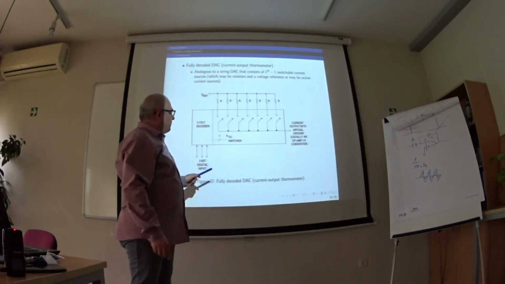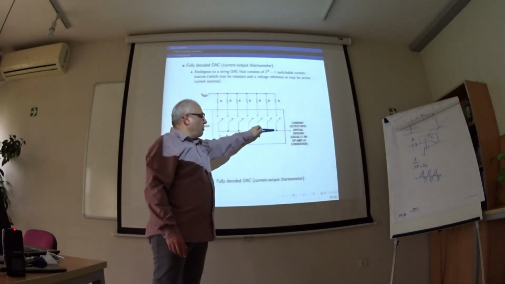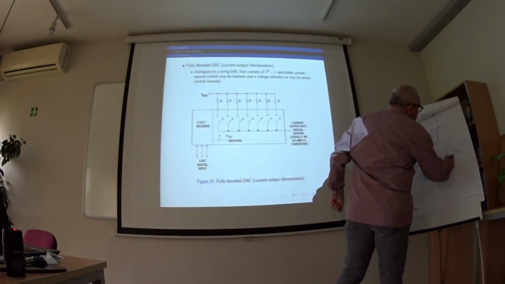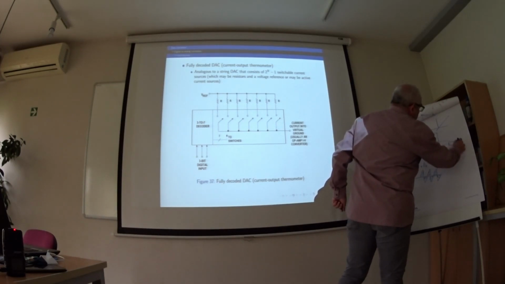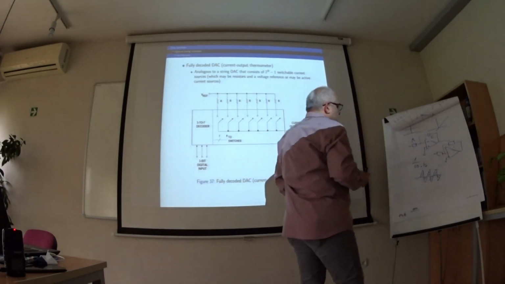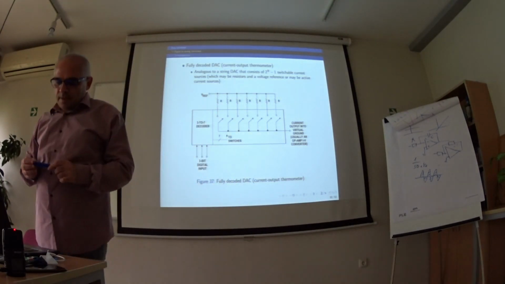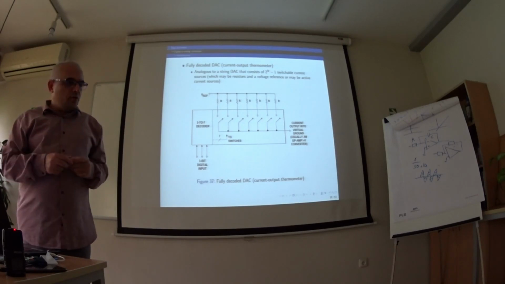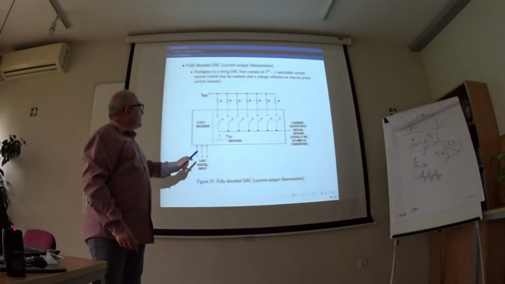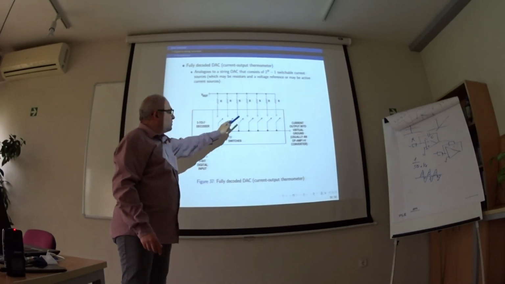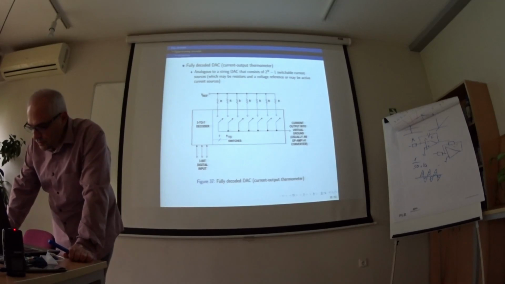And we can feed this current into the op-amp. This circuit is the inverting op-amp. It is just a current to voltage converter. We have current increasing or decreasing when we switch some of these switches.